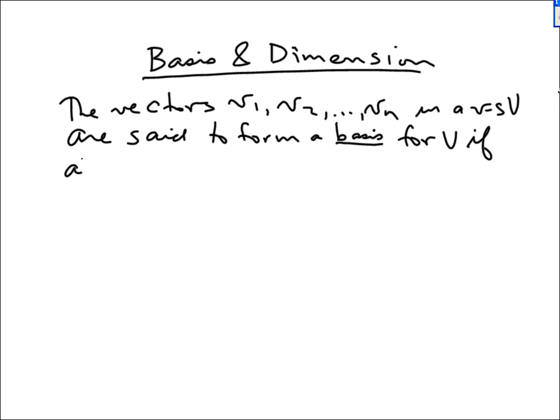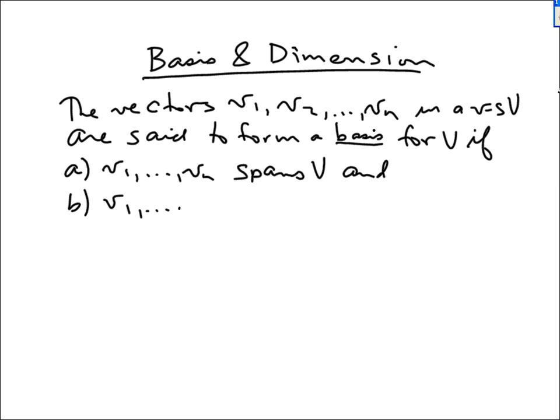A, if v1 through vn spans V, and B, v1 through vn are linearly independent.